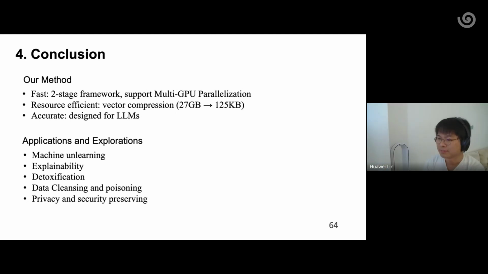Yeah, I think actually it can estimate the influence for data the model didn't learn, but we mainly focus on the learned data of the model, and then we can estimate the influence, how the data contributes to the model's knowledge.